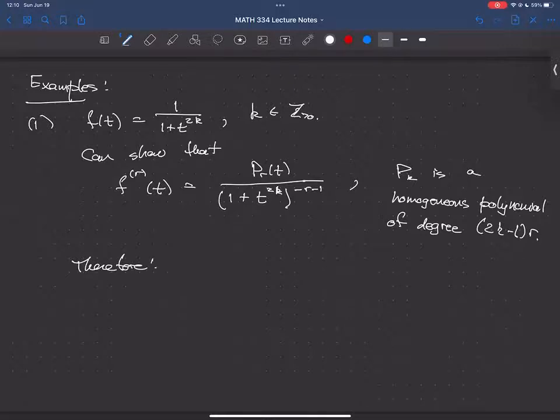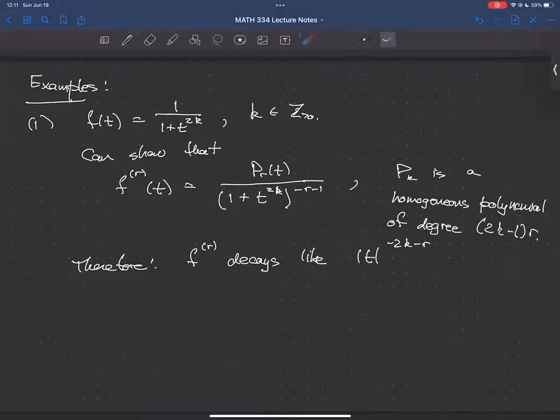All right, and so we can conclude then that the rth derivative of f decays like that as t goes to infinity. And where am I getting that from?